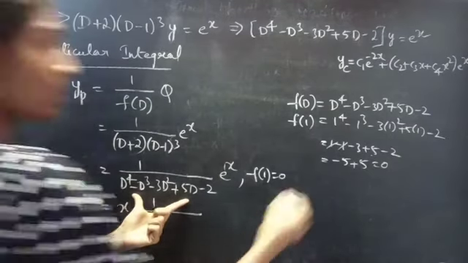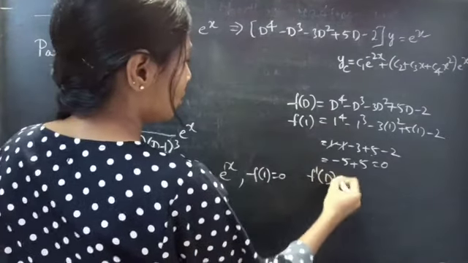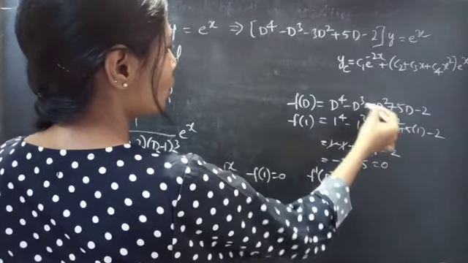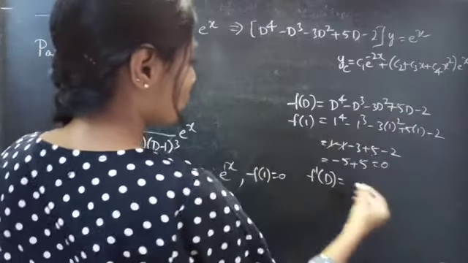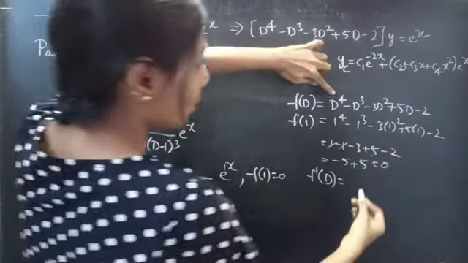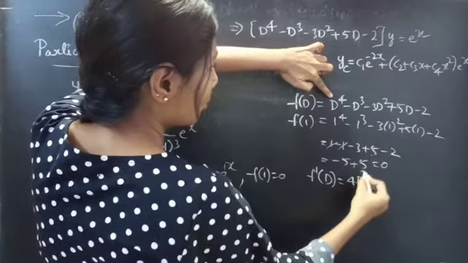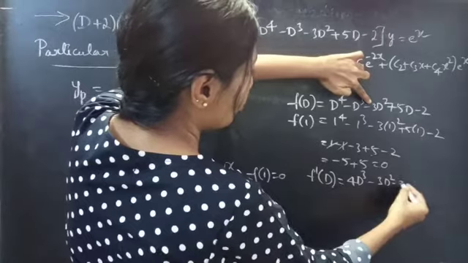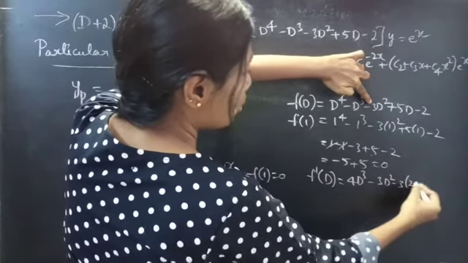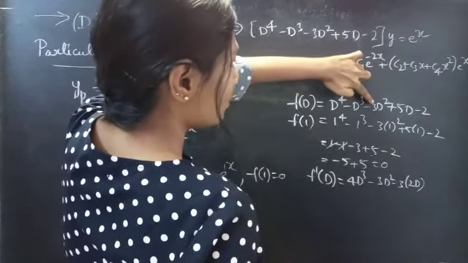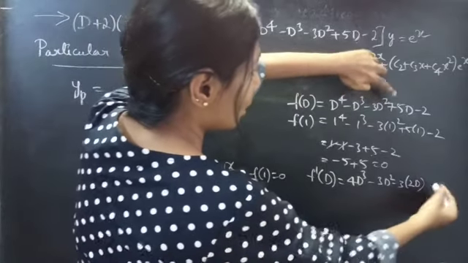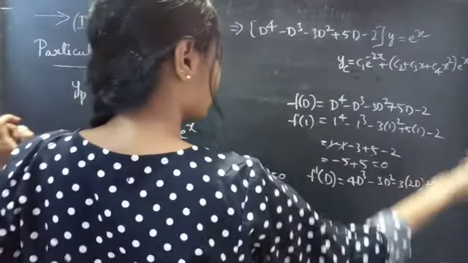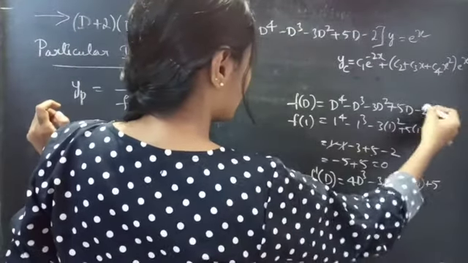of this one, that is f dash of d. You're having f of d equals d power 4 minus d cube minus 3d square plus 5d minus 2. So derivative of this will be, derivative of d power 4 is 4d cube minus derivative of d cube is 3d square minus 3 into derivative of d square is 2d plus 5 into derivative of d is 1 and derivative of constant is 0.